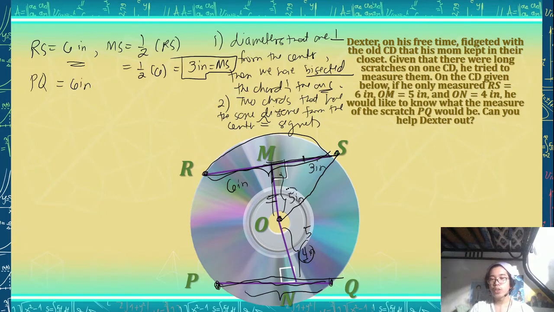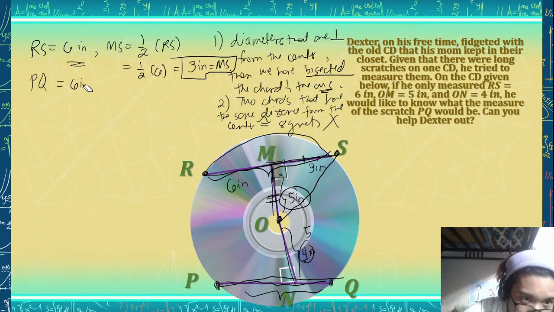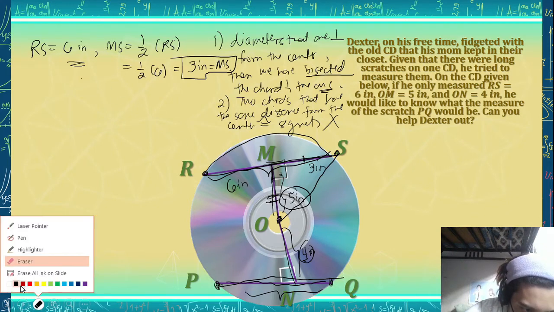If you look at here closely, this is 5 inches, and the measurement of this line here is equal to 4 inches. So therefore, we cannot apply this second chord theorem. It looks like we can apply it for this problem, but it turns out that we won't be able to use it. So we're going to stick with the given that we have here.